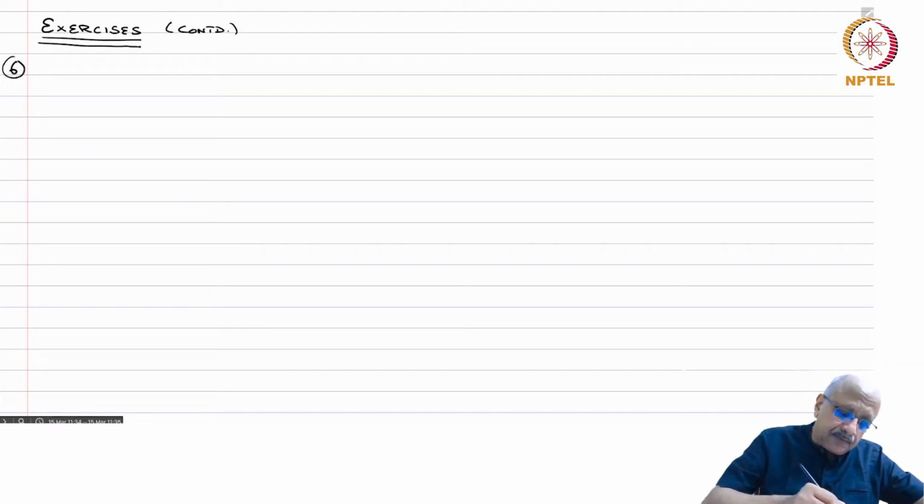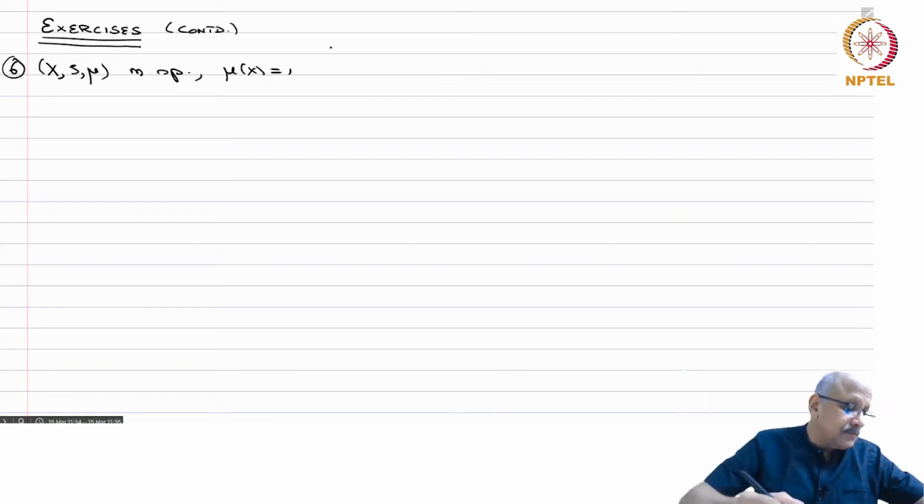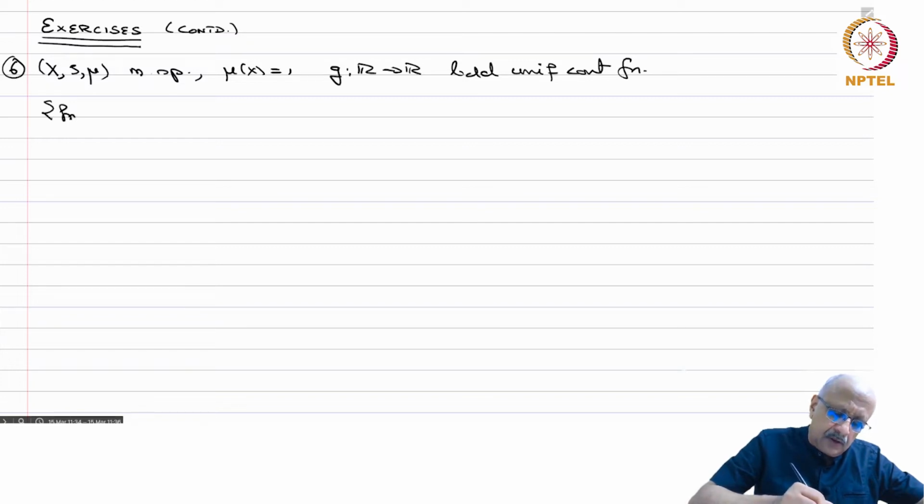Exercise 6. Let (X, mu) be a measure space, mu(X) equal to 1. Let g: R to R be a bounded uniformly continuous function. Let f_n be measurable functions. f_n converges to f in measure, f measurable.